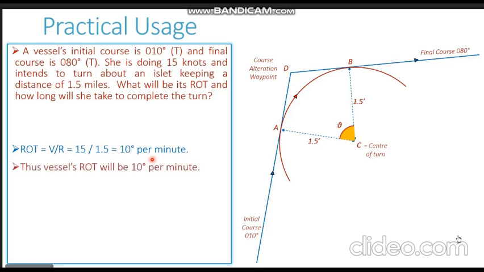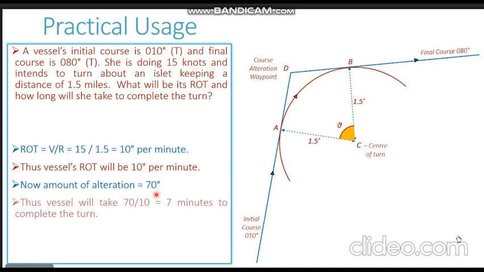Now we know that the vessel's rate of turn needs to be 10 degrees per minute to execute this turn. The amount of alteration which we have is 70 degrees. Initial course is 010 and the final course is 080 degrees. So vessel has to alter by 70 degrees. Now the vessel is altering 70 degrees at a rate of 10 degrees per minute.